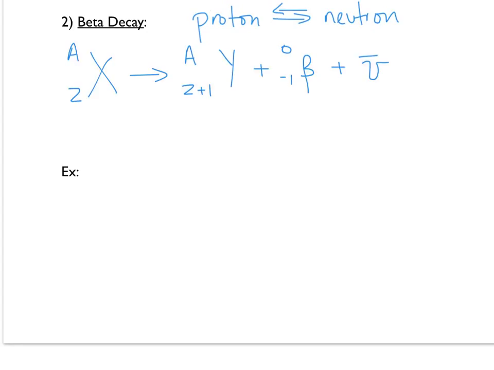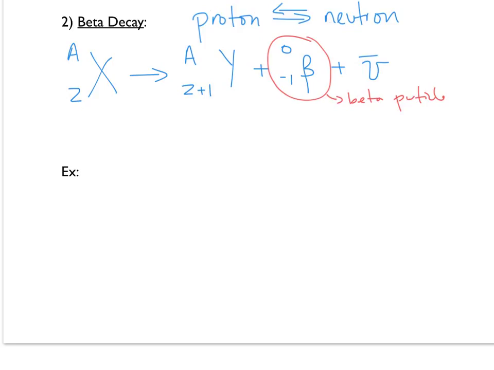Beta decay is a type of radioactive decay in which a proton is transformed into a neutron, or vice versa, inside a nucleus. Because we're dealing with isotopes, this allows the atom to move closer to the optimal ratio of protons and neutrons, so it becomes more stable. As a result of this transformation, the nucleus emits a beta particle, which in this case is an electron or a positron.